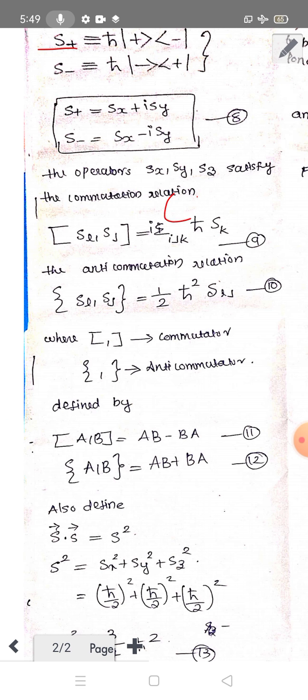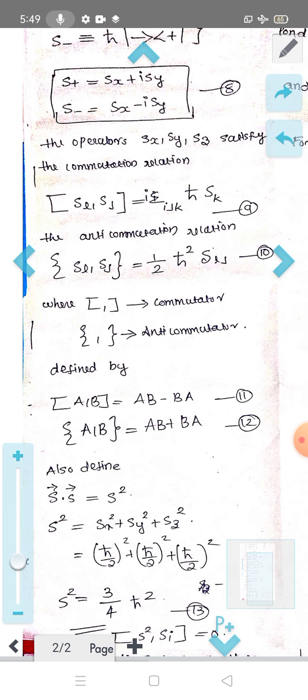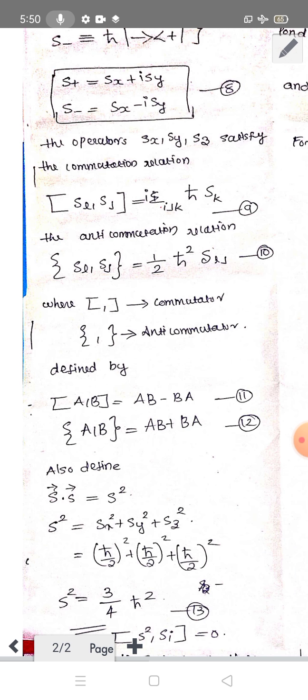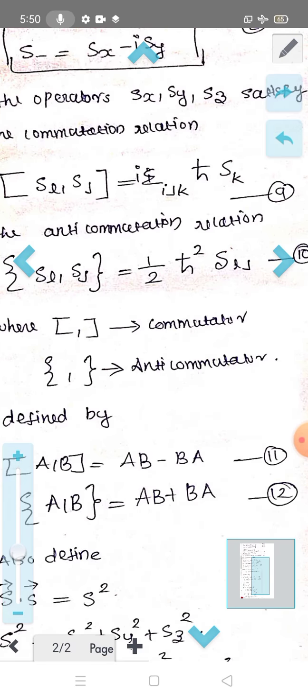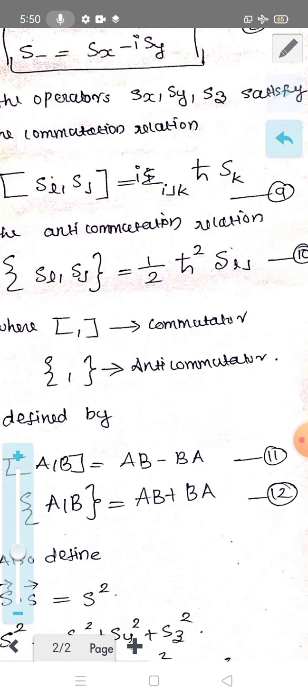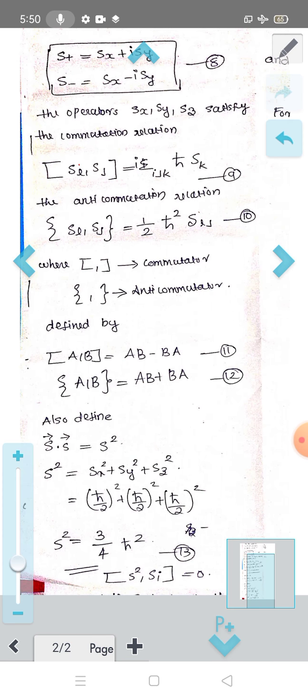Okay, so this is the commutation bracket, and you can take some arbitrary Si and Sj, then you will get i into epsilon ijk h cut Sk.